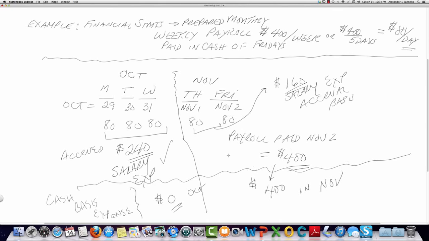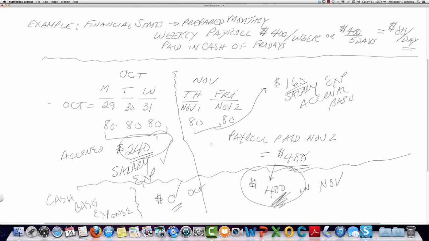Clearly not matching the economic activity. The economic activity that took place in October is clearly 3 days work, and by using a cash basis, it would appear as if no work was done in October and all the work was done in November.